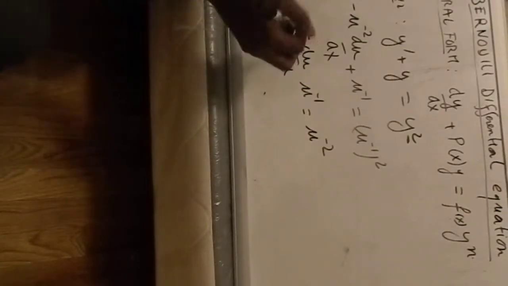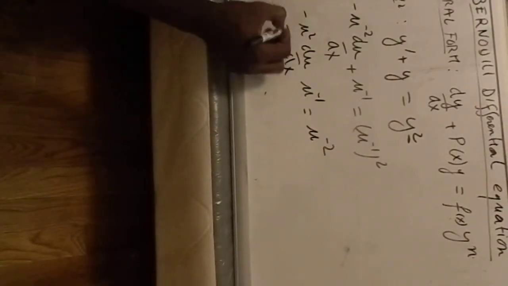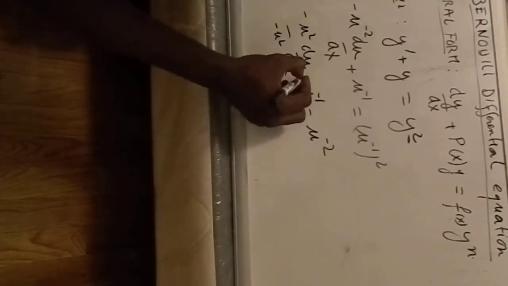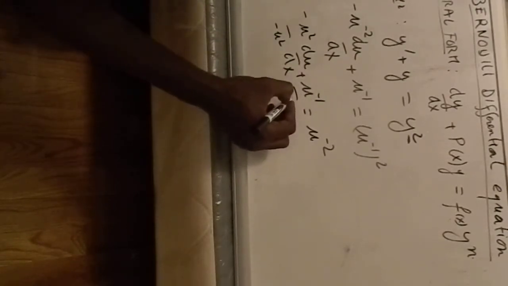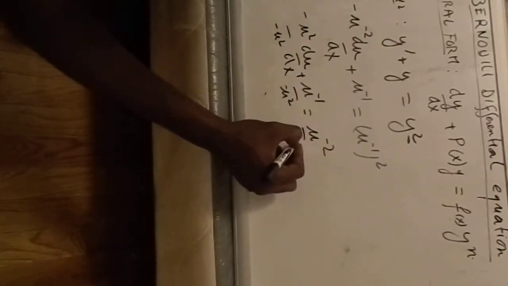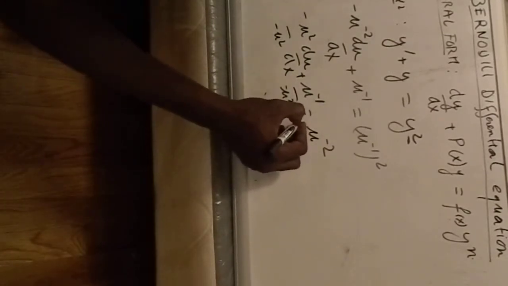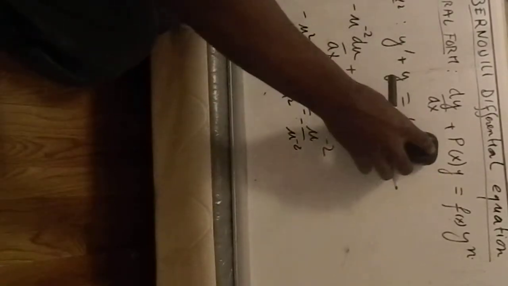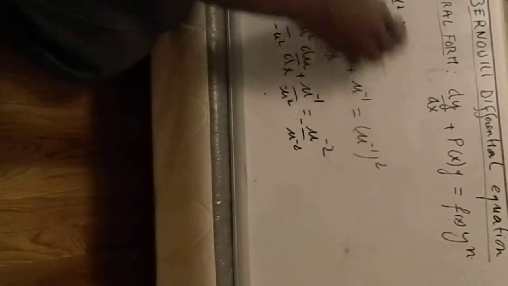Now, what I can do is divide both sides by negative u squared. I need to erase a little bit because I don't have enough space.